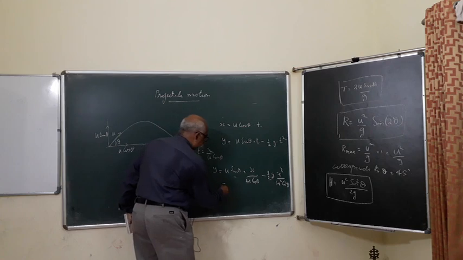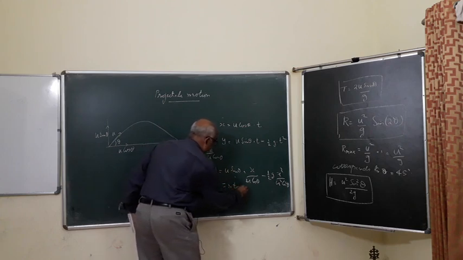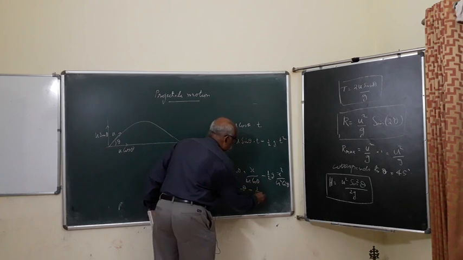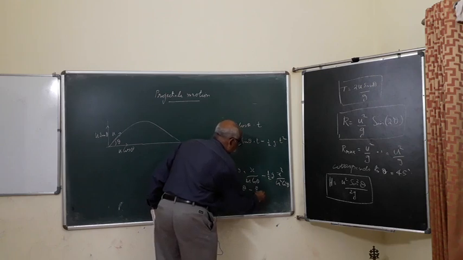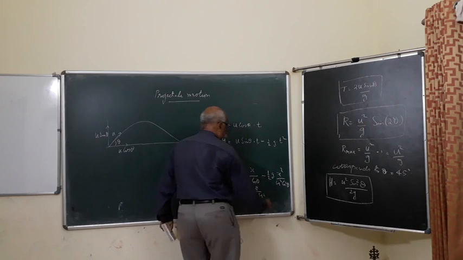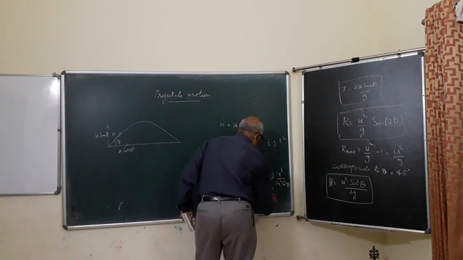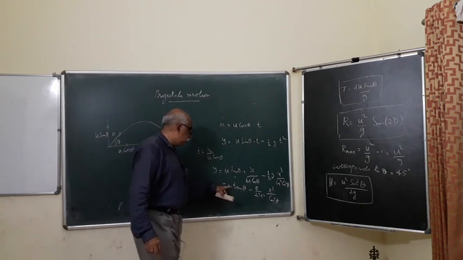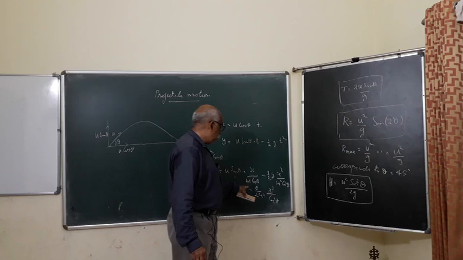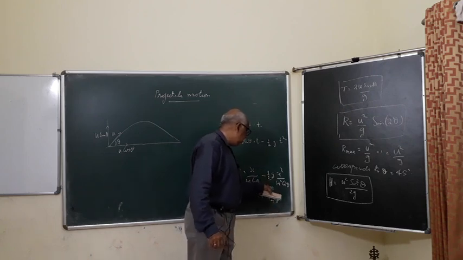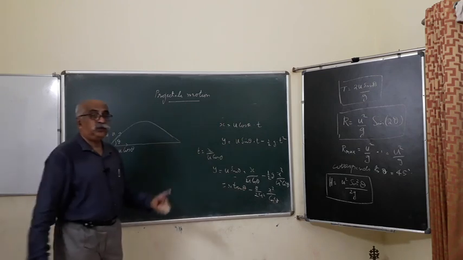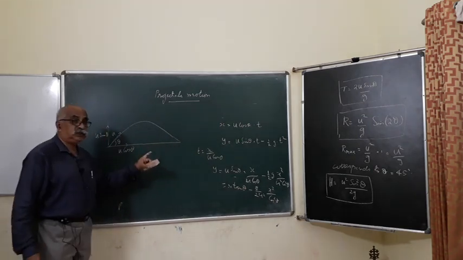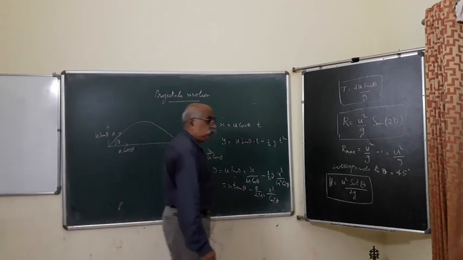Simplifying, y is equal to x tan theta minus g by 2u square, x square by cos square theta. This relationship, y equal to some constant times x minus another constant times x square, is an equation for a parabola. The trajectory of the projectile is a parabola. Thank you.